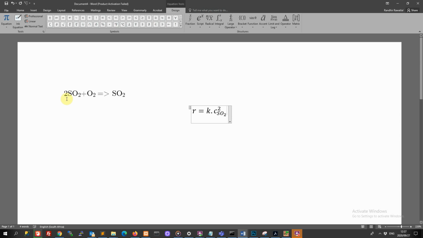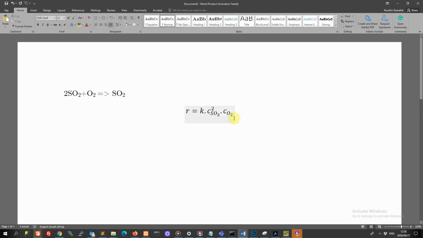So remember, we said the stoichiometric coefficient becomes the power of the concentration, and then multiplied with the concentration of O2, C_O2. Right, so that's the reaction rate expression.